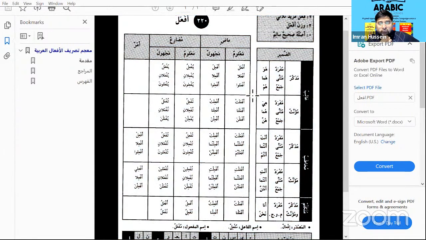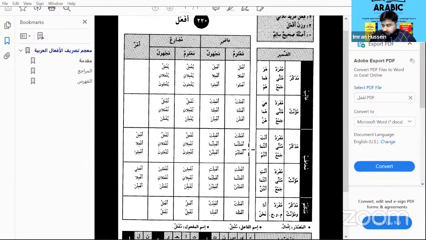The reason I'm doing this is that uhibbu is a four-letter verb. So I'm going to do the basic structure, which is af'ala. We have the additional letter, the alif, in the past tense, af'ala. So can you conjugate af'ala for me, please?